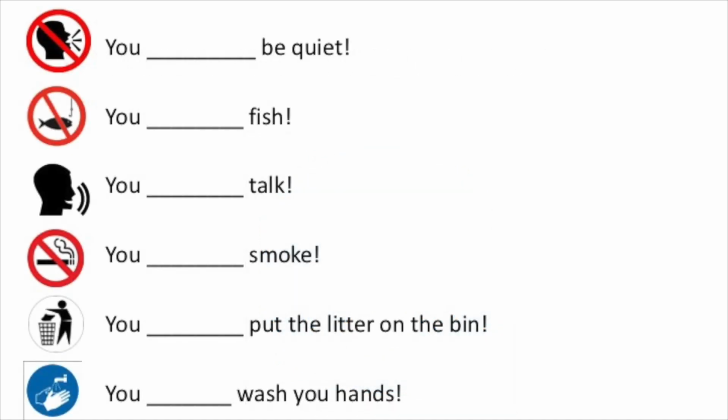Let's see if we can remember must or must not. So what do we think? The red sign. You must be quiet. You must not fish.